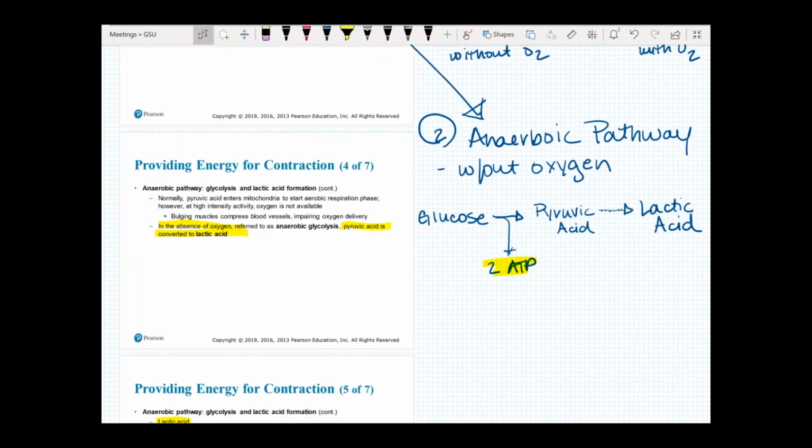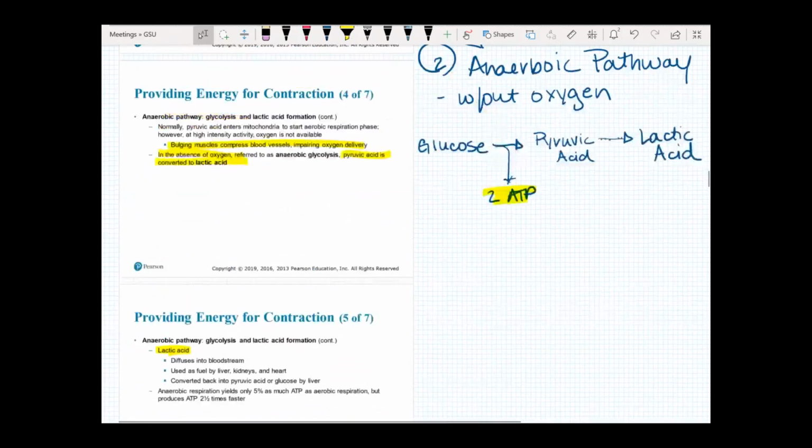When you contract a muscle, it will actually inhibit the flow of blood through the arteries and veins that lie in that muscle. So anaerobic isn't just meaning you're not breathing. It means that the contraction of your muscle is actually stopping your oxygen from being delivered through your blood vessels, but you're still using those muscles. So you're going to have these large bulging muscles, which are going to impair the oxygen delivery.